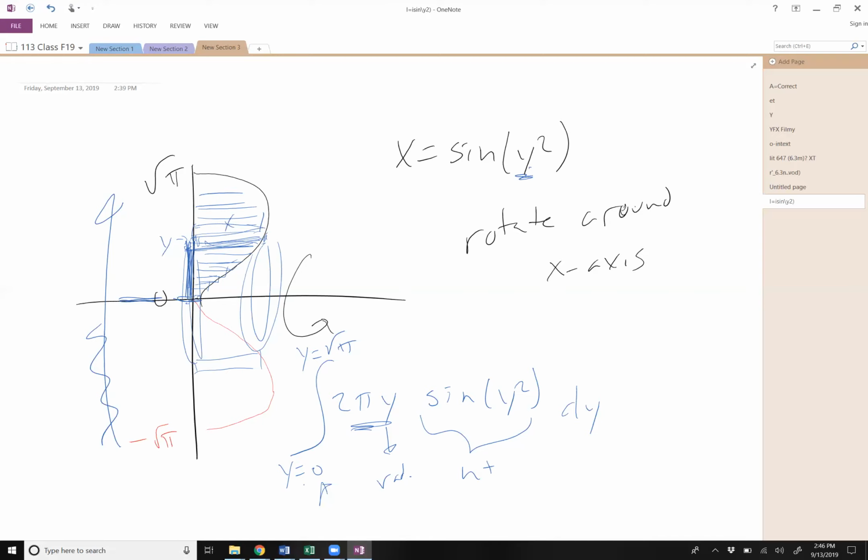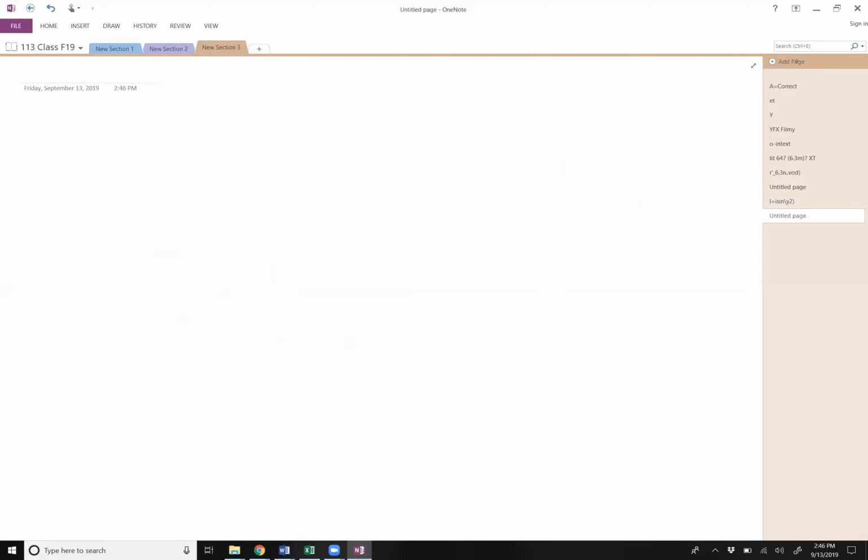Oh, so actually do the antiderivative? Yeah, so how are we going to actually calculate this? U-substitution. So 0 to the square root of pi, I'm going to pull out my 2 pi. I have y sine of y squared dy. Let u equal y squared, so du is 2y dy.